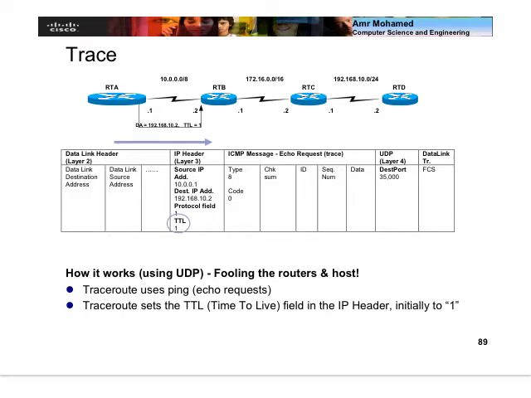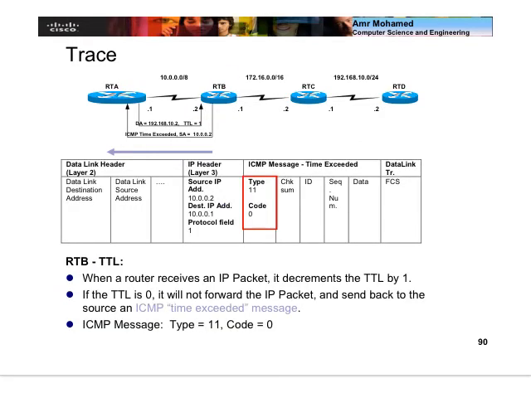So step by step, we set the TTL initially to 1. When we set it to 1, the maximum number of hops that this packet will transfer is 1. It gets to this router, and then this router will reply back. Remember the echo reply had a type of 0, but this one has a type of 11, which indicates that this is not an actual reply, this is an error message.